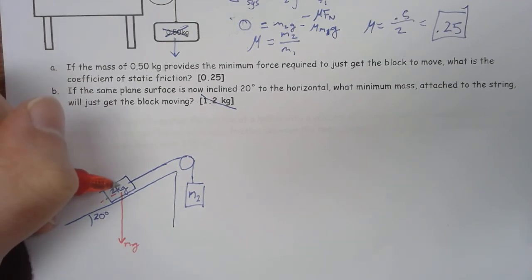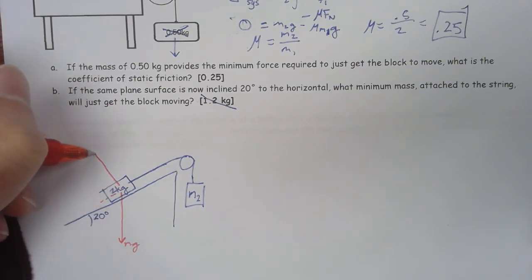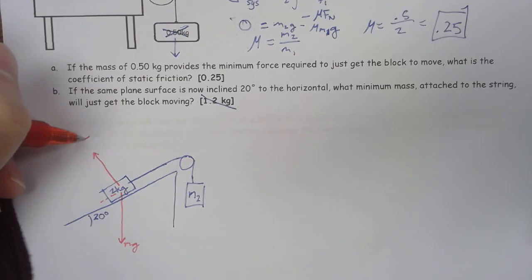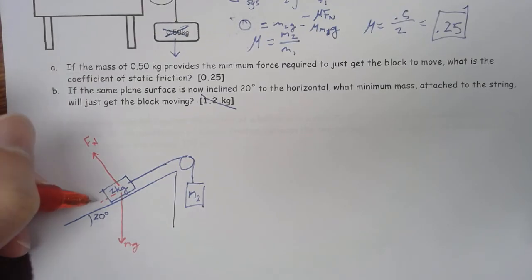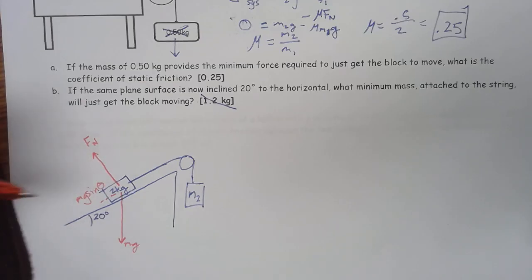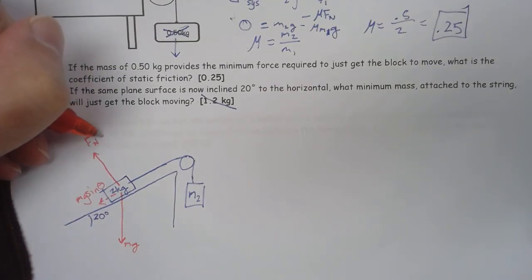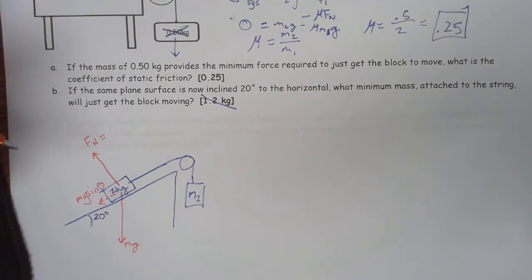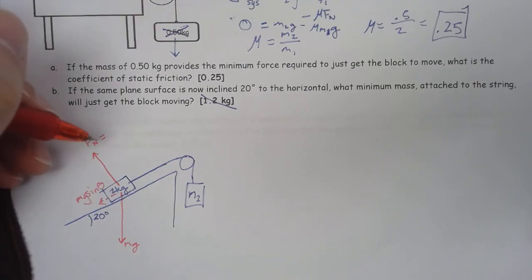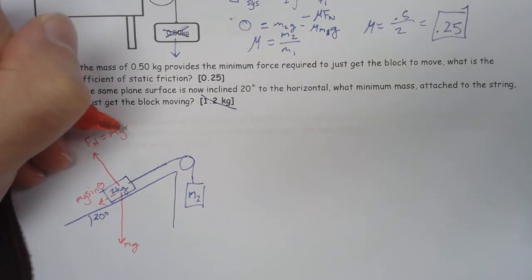Because what else is happening to it? We have a force normal going that way. And so we have, this is mg sine theta. We also need to label force normal, probably a good idea to label as mg cosine theta.